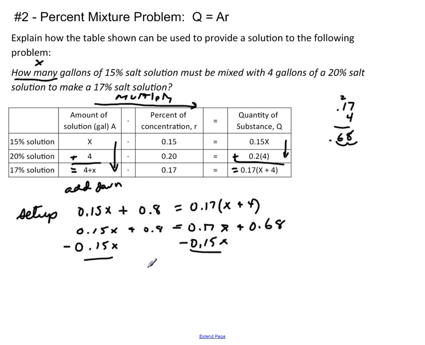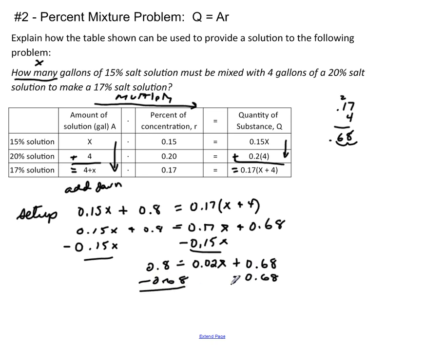which gives me the equation 0.8 will equal 0.02x plus 0.68. So I'm going to subtract my 0.68 from both sides of the equation.